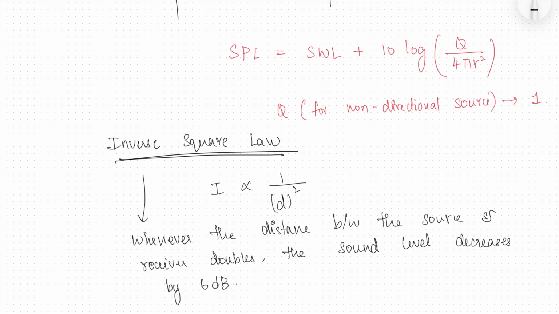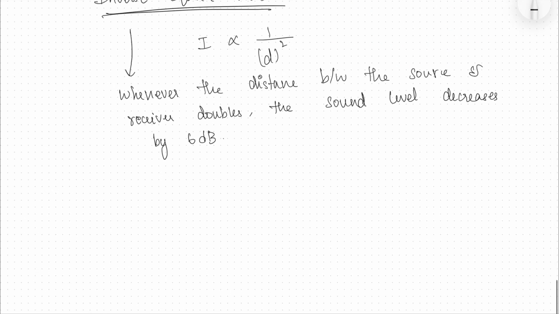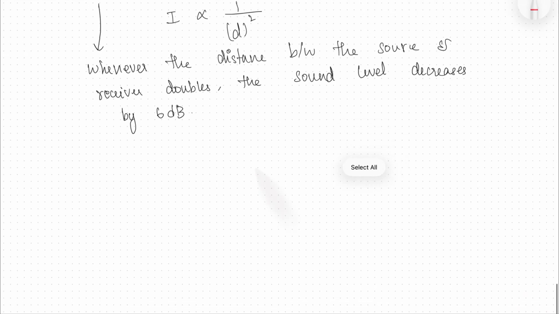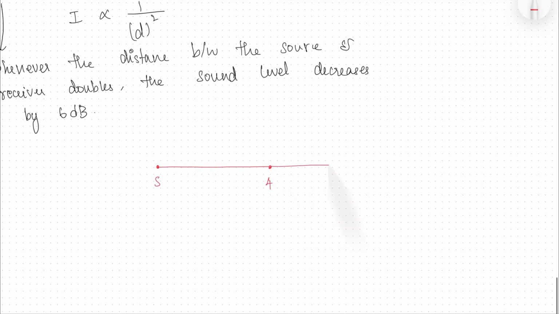Now I'll give an example. Say this is your source, and this distance is 4 meter, and this distance is 8 meters. So basically your distance doubles, right?